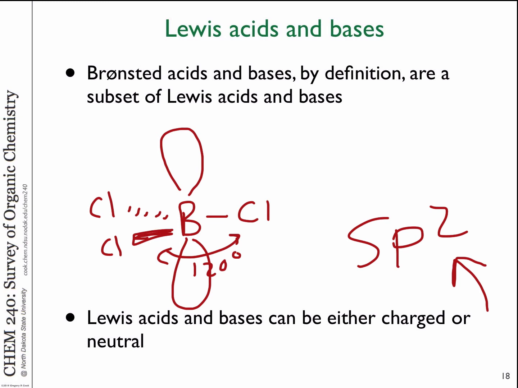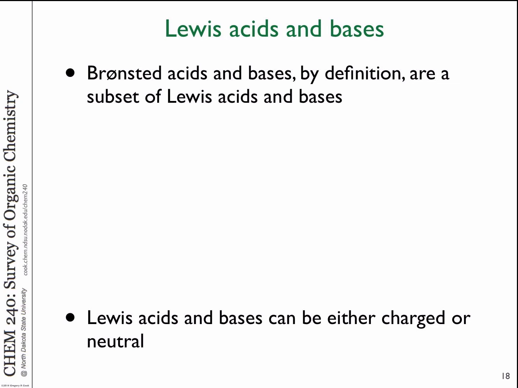So if you have a Lewis base around, something with a lone pair of electrons, it can form a bond with boron trichloride. Because there's an empty space, boron wants electrons. Something like NH3 has a lone pair of electrons. I'll just write it like this: BCl3 with an empty orbital plus NH3.